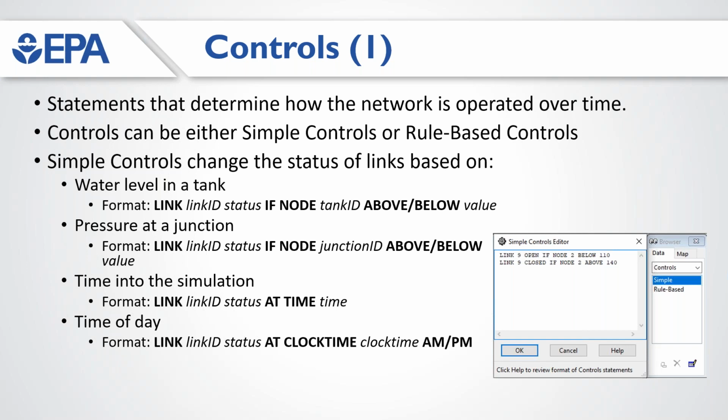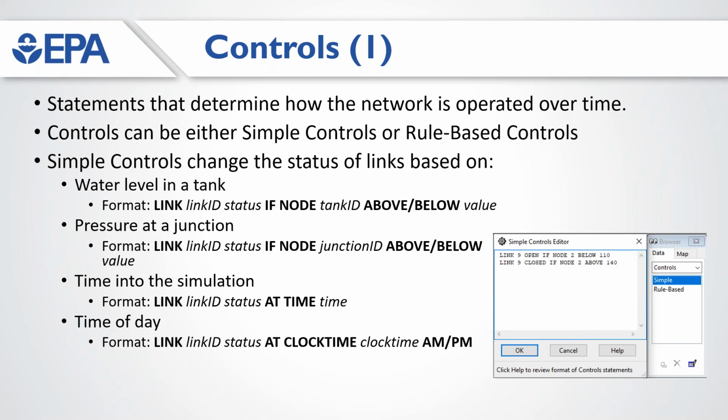So in the previous example, I showed the pump. Here, link 9 is a pump. It opens and closes based on the tank level. When the tank level is low, the pump will be opened. When the tank level is high enough, the pump is closed, so the tank does not need to be filled anymore.